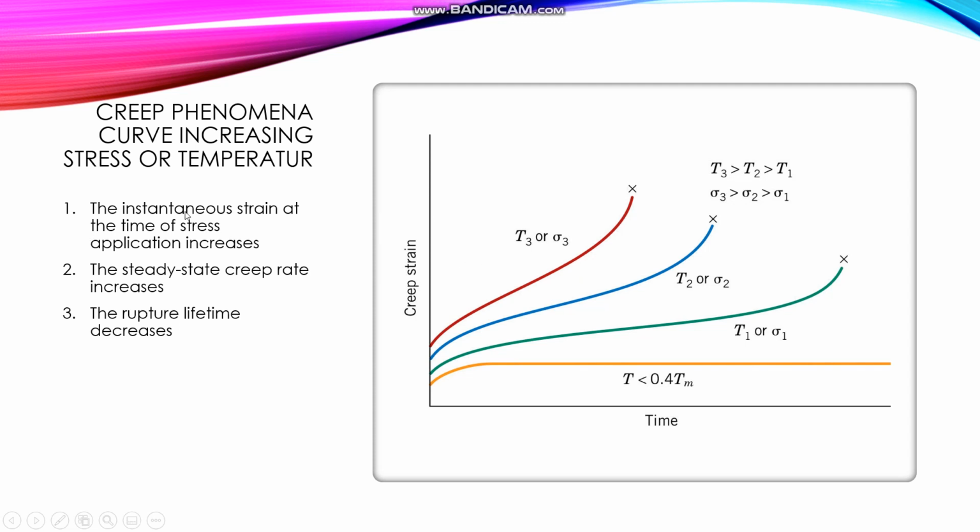First, the instantaneous strain at the time of stress application increases. The second, the steady state creep rate increases. And the third, the rupture lifetime decreases. That's why as the creep strain increases, the rupture lifetime will decrease. As for the last creep strain, the rupture lifetime will increase.